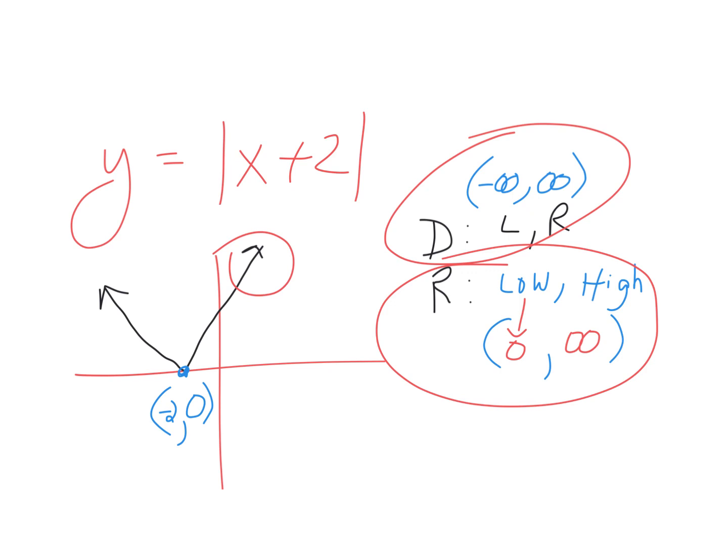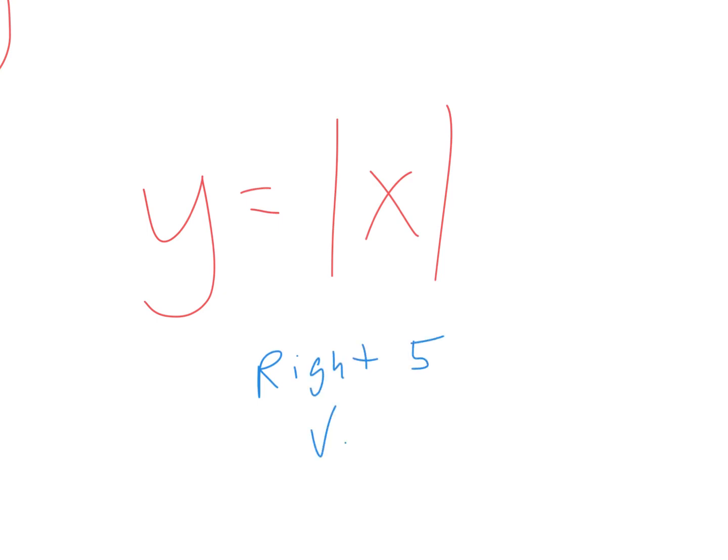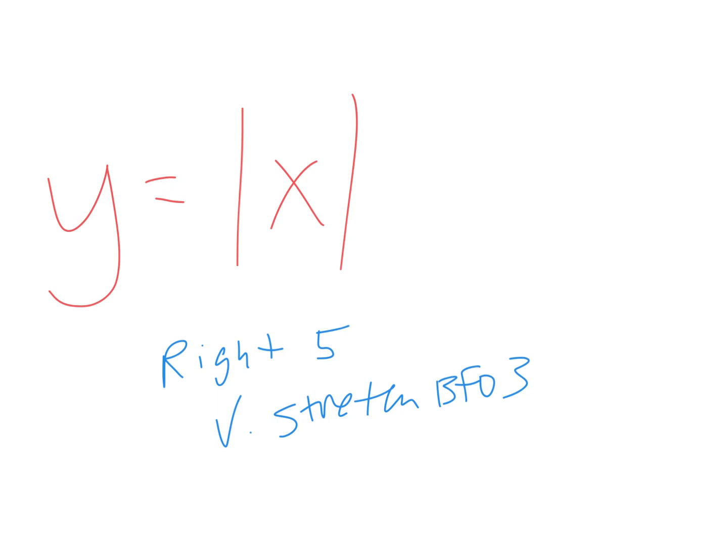Okay. Next, if I give you this equation as my parent equation, and I say, write me one that goes right 5 and vertically stretches by a factor of 3, can you make the equation for me? It starts with absolute value of x, and then you have to add some stuff to it.